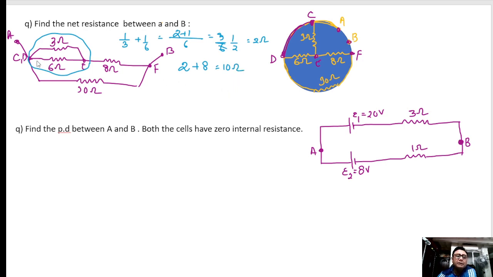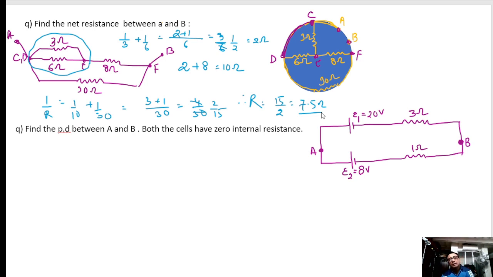So the upper part is 10 ohms and the lower part is 30 ohms. So what is the net resistance? 1 by 10 plus 1 by 30, which is 3 plus 1 by 30, 4 by 30, 2 by 15. Therefore R will be 15 by 2, 7.5 ohms. Answer will be 7.5 ohms. Clear?